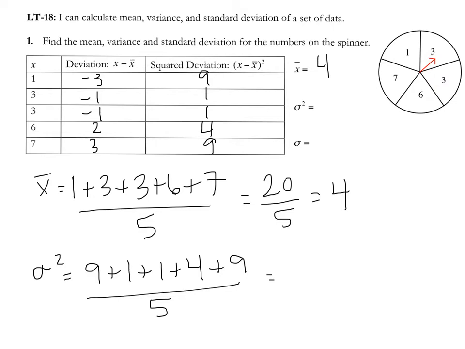If you add all these up, 9 and 1 is 10, here's another 10, so we're up to 20. So we have a total of 24 on the top and 5 on the bottom. And if we use our calculators, we end up getting 4.8.